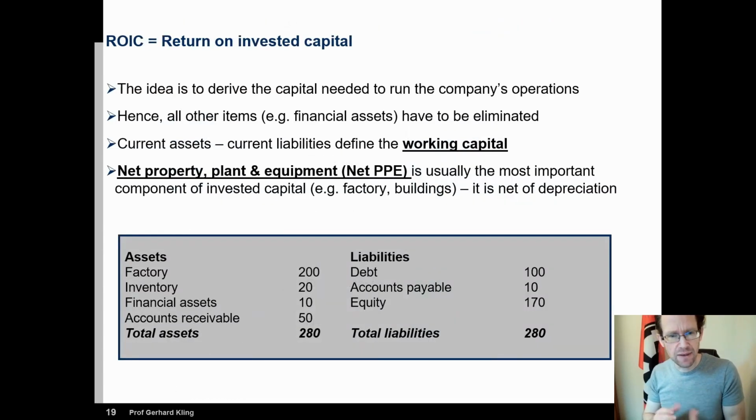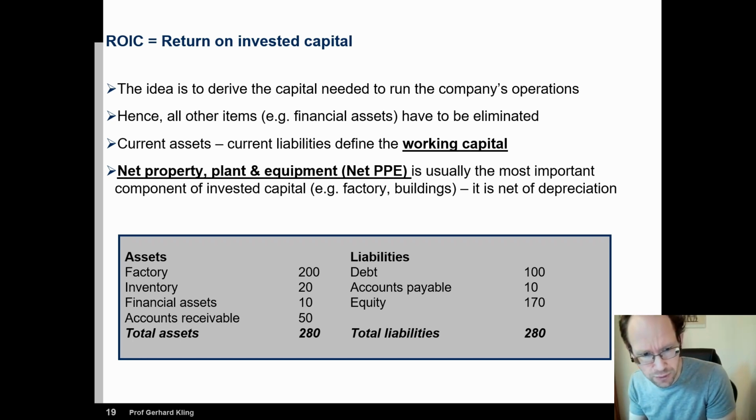Here again we have an example which highlights what you're supposed to do. Whenever you look at a balance sheet, there are certain items that immediately give you a sense this is core operations. Looking here at the asset and liability structure, you have for instance a factory. A factory is an operating fixed asset, so this would be classified as net property, plant and equipment, so that would be operating.